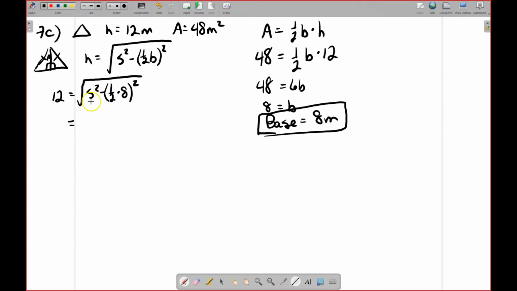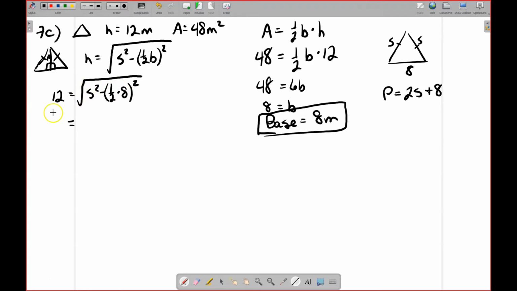So in order to solve this, I need to get the s alone, right? Because I've got a triangle. I've got the two sides because it's an isosceles triangle, and I've already found the base, that's 8. To find the perimeter, though, I need both sides plus the 8 to add them all up. So I need to find the s.